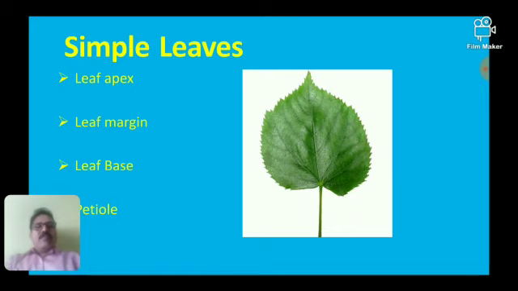If the leaf has a petiole, then that type of leaf is called a petiolate leaf. While leaves without a petiole, that means the petiole is absent, are called sessile leaves. Now this is the structure of the simple leaves.